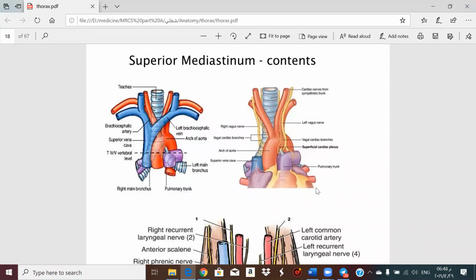O for esophagus and trachea, A for aorta with the three branches, that is brachiocephalic, left common carotid and left subclavian arteries, and D for thoracic duct. And thymus gland. Excellent, Dr. Daivish. Thank you.